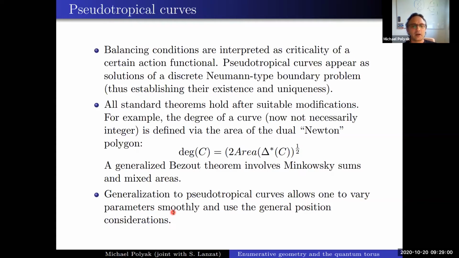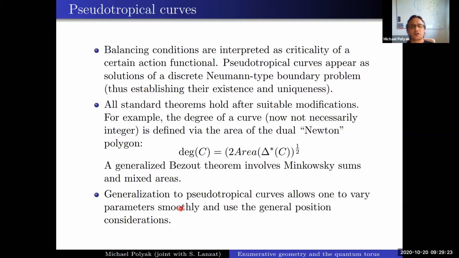Before, you were stuck with some directions which couldn't be changed, and also lengths of vectors were integer, so they could be varied only in a discrete manner. However, now you can vary, say, these delta set of the curve, or these vectors, just smoothly.